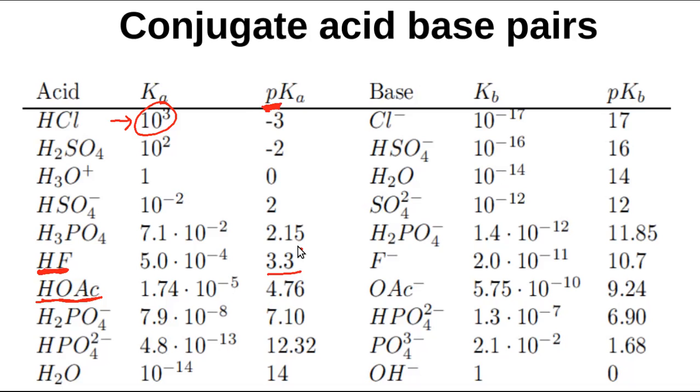The acid, if it has a pKa of 3.3, then the conjugate base has a pKb equivalent to 14 minus that one. Actually, I haven't looked these up from experimental determinations, I actually just made up these values of pKb, but I think they are correct, at least within a decimal or so, because the sum should be 14.